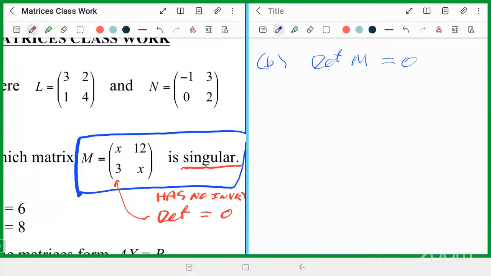The determinant is the first diagonal product minus the second diagonal product. You have to do this product first. That's x times x, that's x squared. Minus the second diagonal product, that's 3 times 12. 3 times 12 is 36.